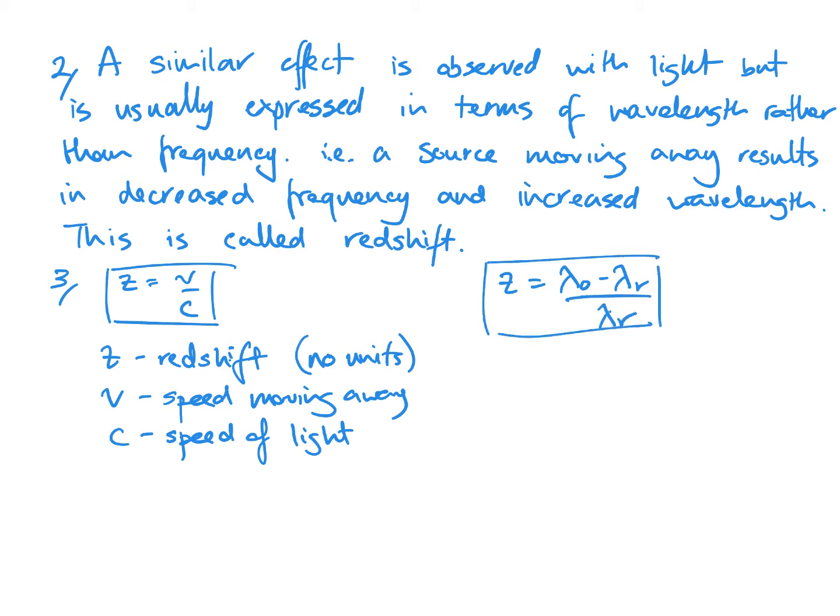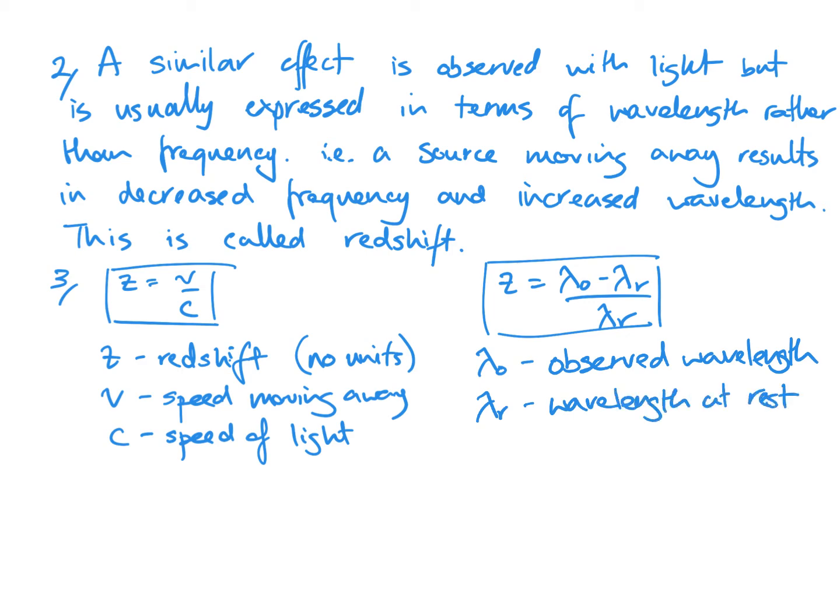So the other equation for redshift is expressed in terms of the observed wavelength and the wavelength at rest. So that's actually 3 and 5 together.